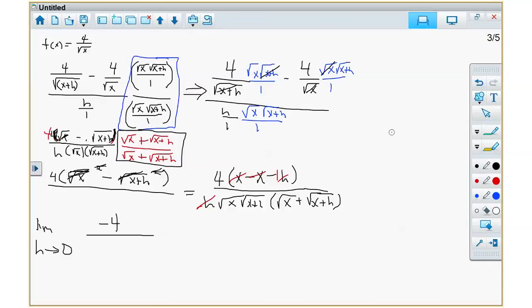The h cancels with this h, over the square root of x, times the square root of x plus h, times the square root of x plus the square root of x plus h. Now, I want everybody who hadn't finished it to plug in your zeros and see what you come out with. Simplify it.